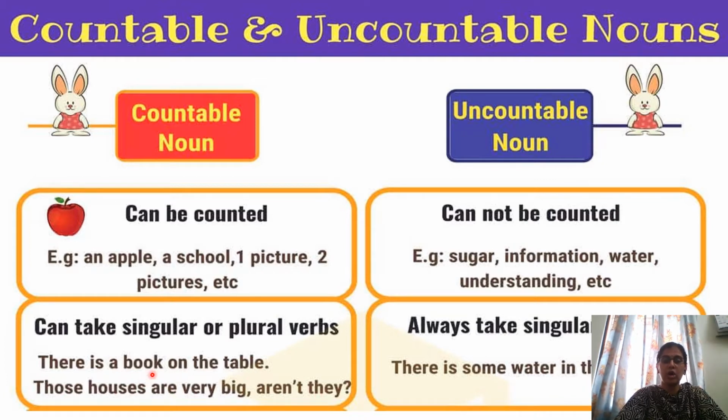So here book, table, houses are the countable nouns and they can be singular or plural. Now uncountable nouns always take only singular verbs. There is some water in the jug. So some water. Here you are not saying it as a single, you are not giving it as a plural. You are just giving it as some water.